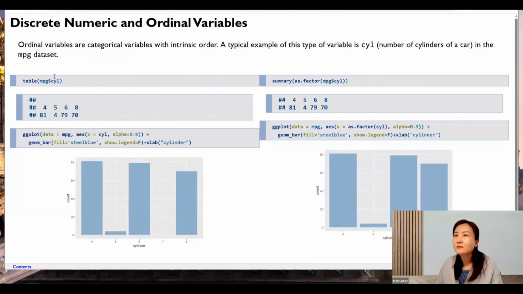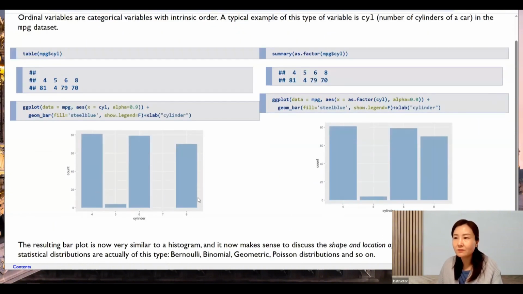In this case, this is a frequency table for cylinder, only 4 levels. If we just directly create a bar graph using this variable cylinder, we will have a bar graph like this. So you see, the level 7 is reserved. Although there are no data points for this value, the bar graph will leave an empty space for it.